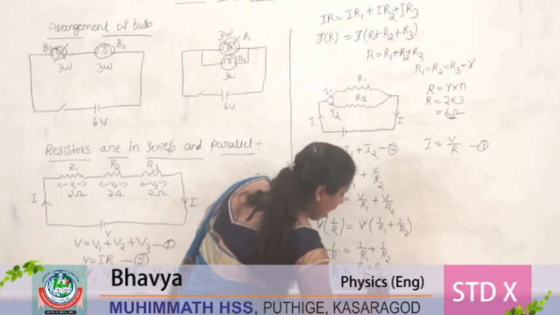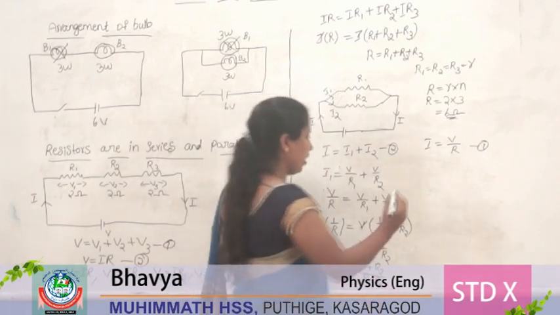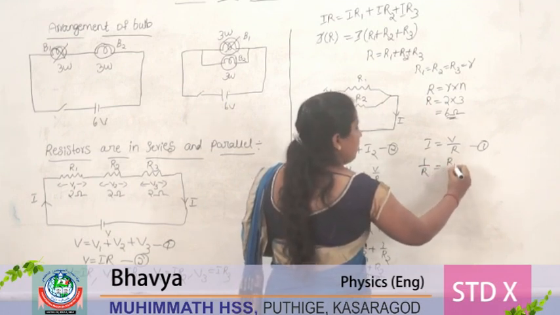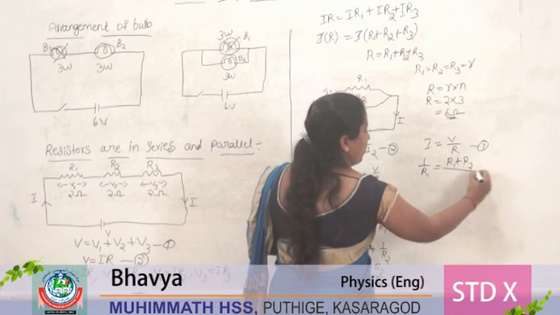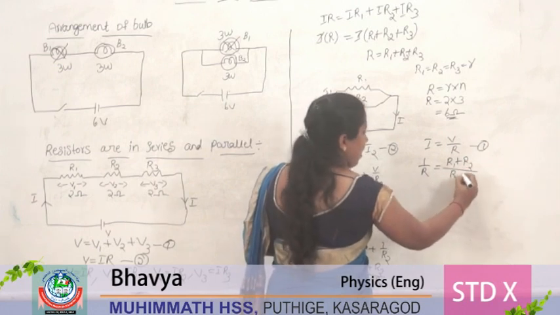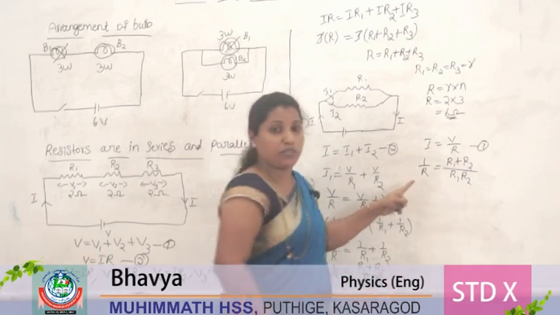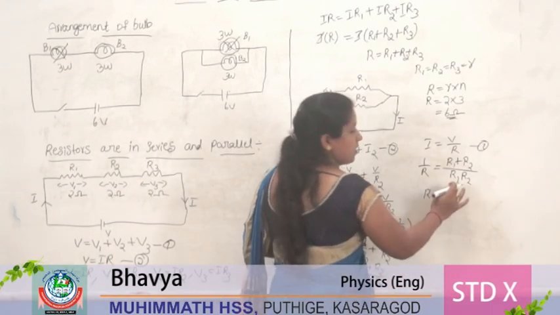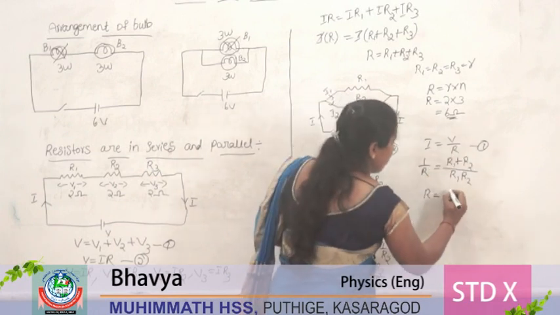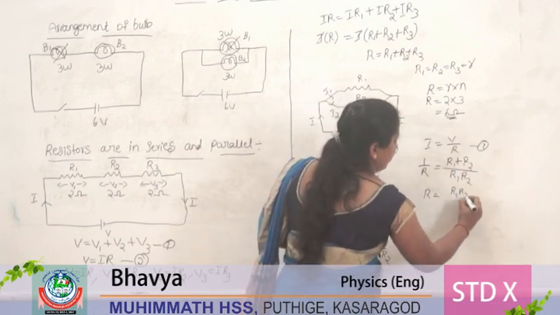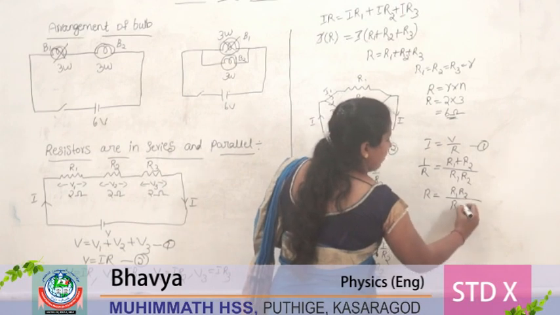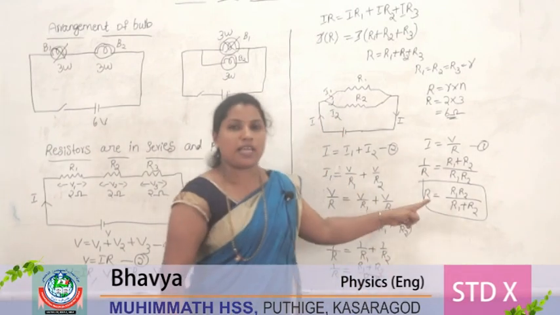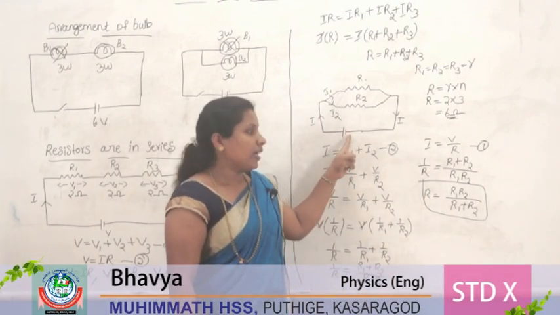So you want the effective resistance R, no? So R is equal to, this comes up, this comes down, R1 into R2 divided by R1 plus R2. This is the effective resistance calculated in a parallel connection.